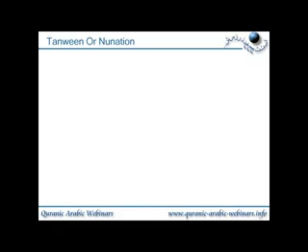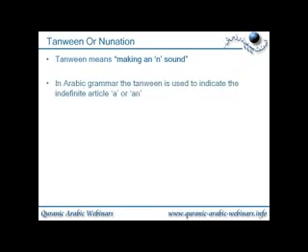Tanween or nunation. Tanween literally means making an N sound. In Arabic grammar, the tanween is used to indicate the indefinite article a or an. So if you learn Arabic grammar, you will see that when you use this tanween, it's indicating you're talking about an indefinite noun.